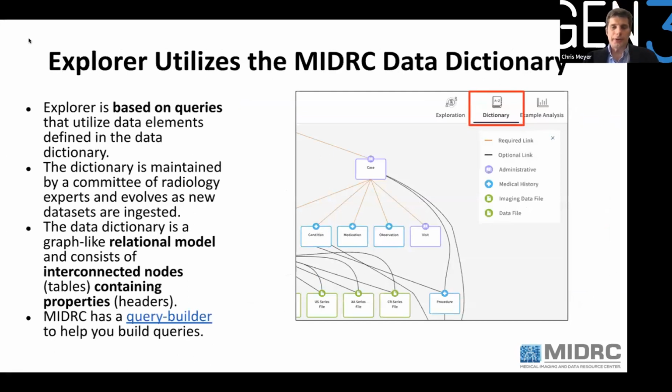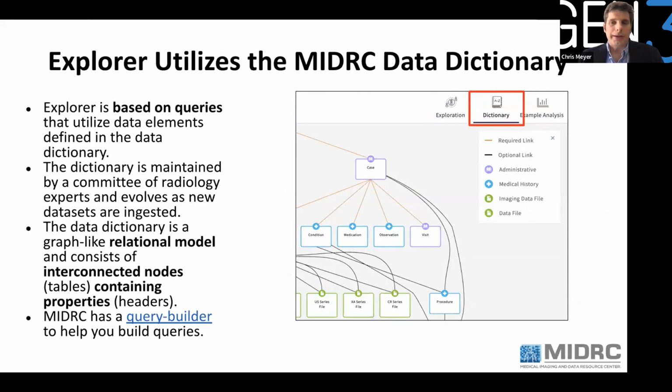Just for your understanding of how the Explorer works and some of what's going on in the background when you click on all the buttons and filter the table of data, the Explorer application is based on queries.